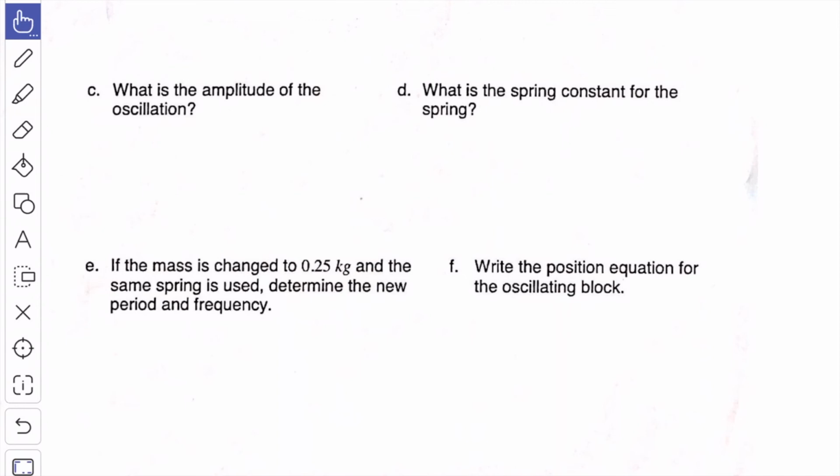Letter F asks you to find the position of the block. To do that, you need to go back to the information in the first video about x equals A cosine theta. You now have A, amplitude, and you'll just leave the cosine as it is, cosine of the angle.